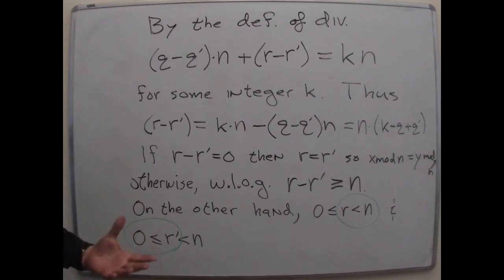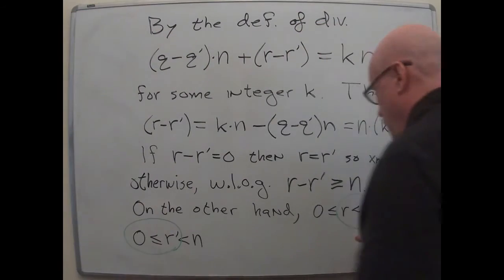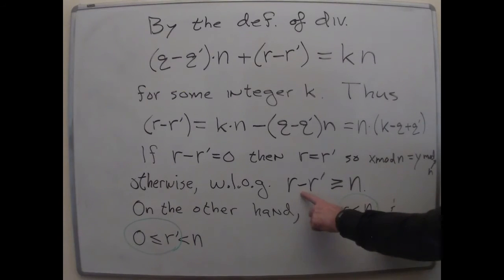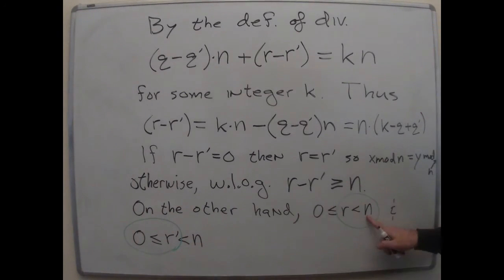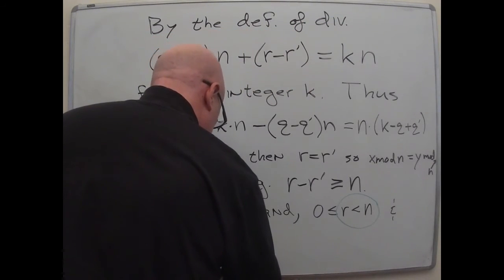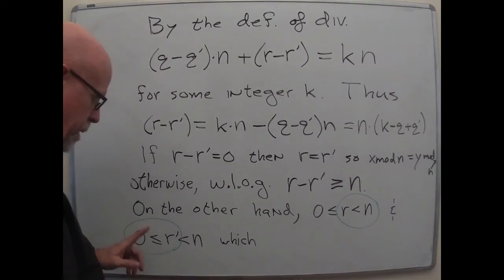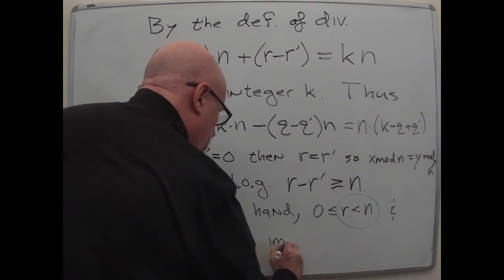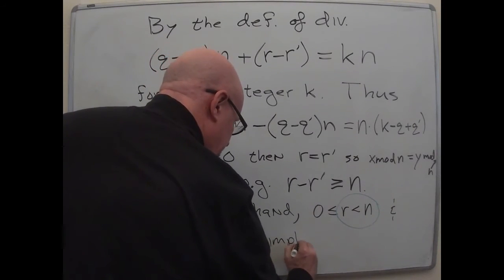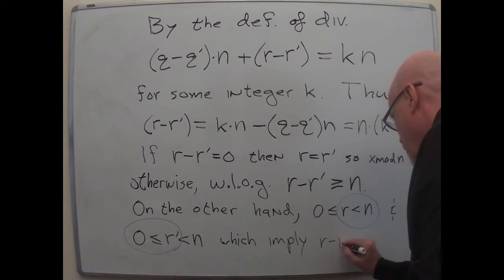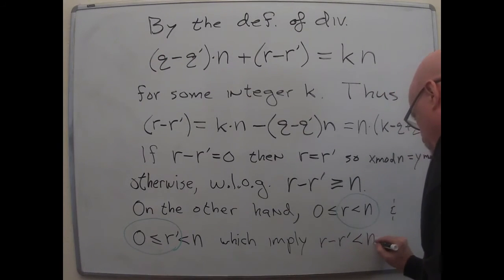So what do those two things tell us? If r is less than n, and then we subtract something that's 0 or larger, that value gets smaller. Meaning the two of these things together imply that the difference, r minus r prime, is less than n.